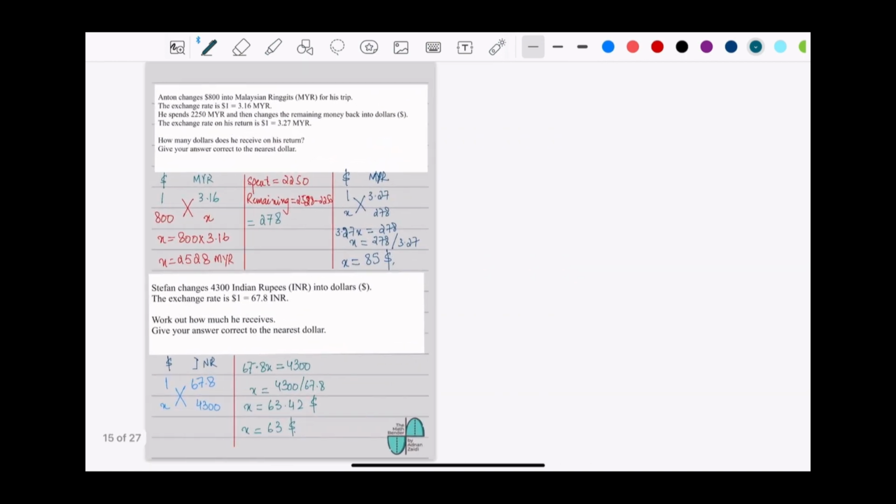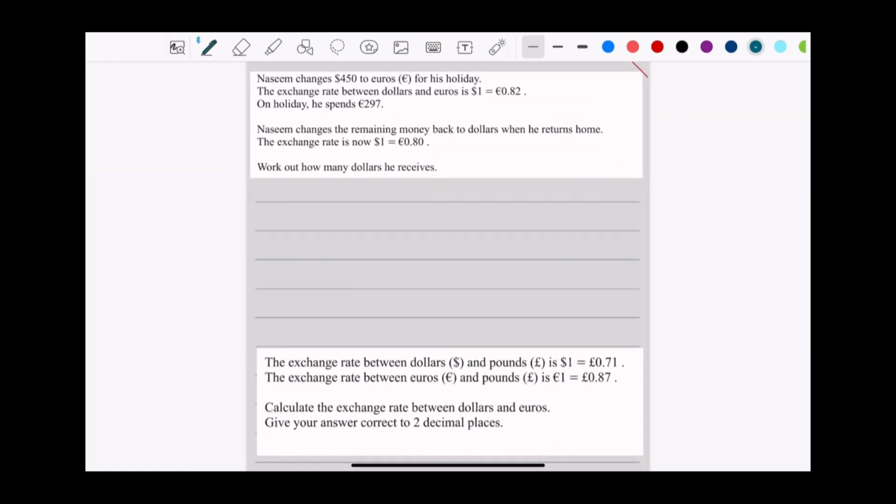Now let's look at another question. Naseem changes $450 to euros. So again, let's divide the page into multiple parts. The conversion here is dollars to euros. So he had $450 which he converted to euros, x.